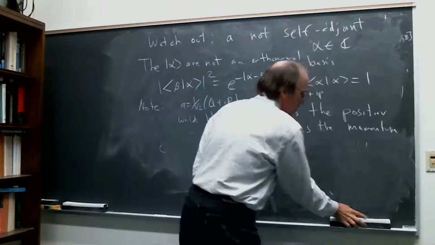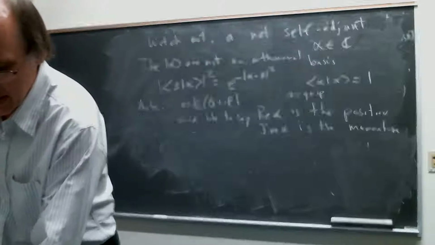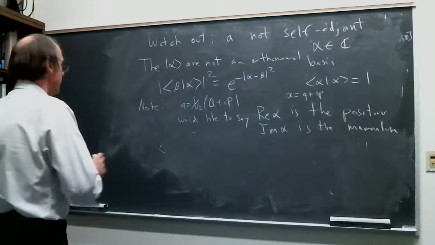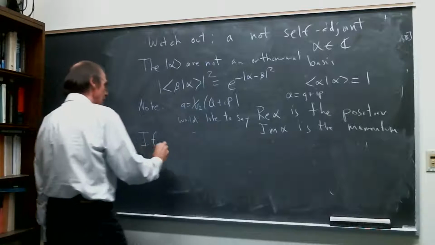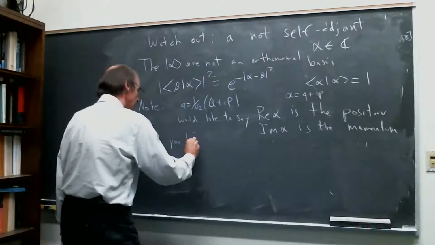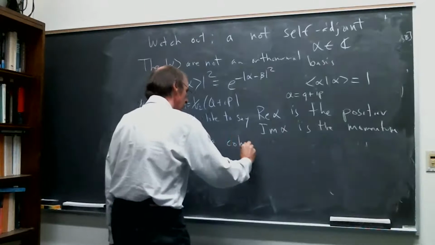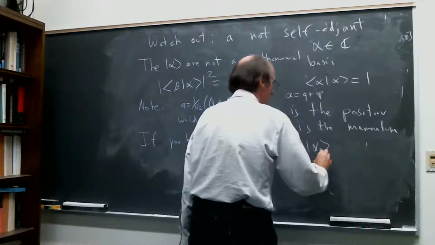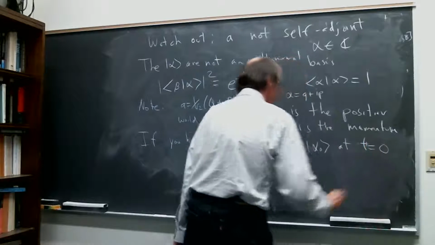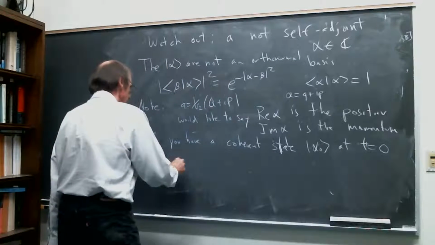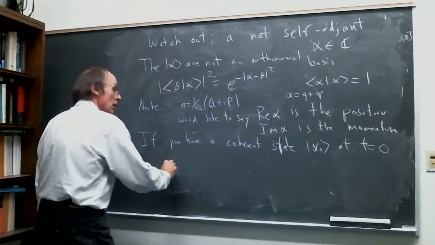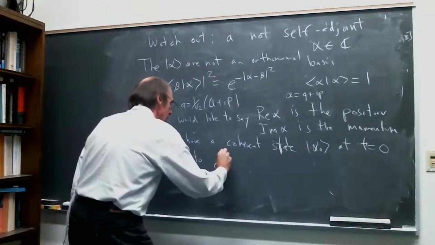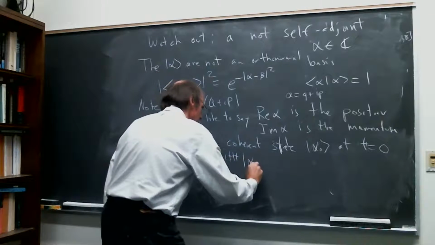So what you find, and the calculation is again in the book, is that if you have a coherent state alpha 0 at t equal to 0, then at later times it's going to evolve to e to the minus i H t alpha 0.